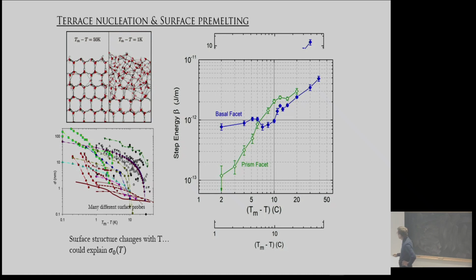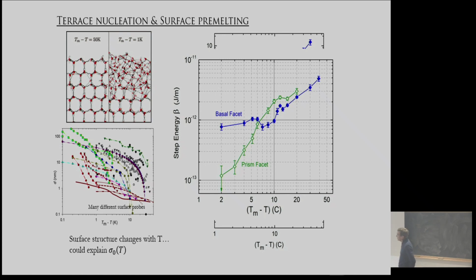So here's step energy, and that is the fundamental result, of course. The step energy, as I mentioned, is an equilibrium property of the crystal as a function of temperature. And so this is where you should be able to calculate it if you really knew the structure of this crystal surface. And so it's changing as a function of temperature. And so something's going on.